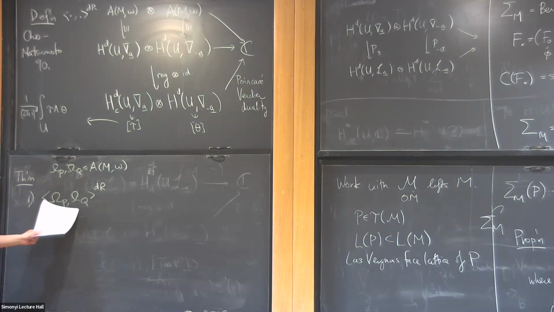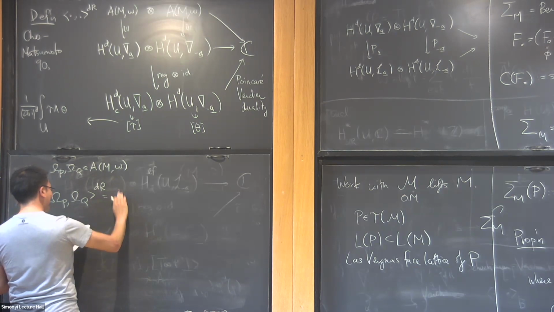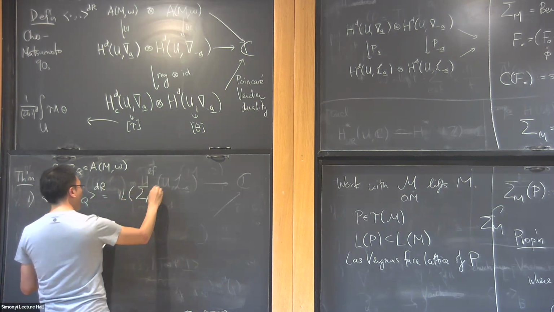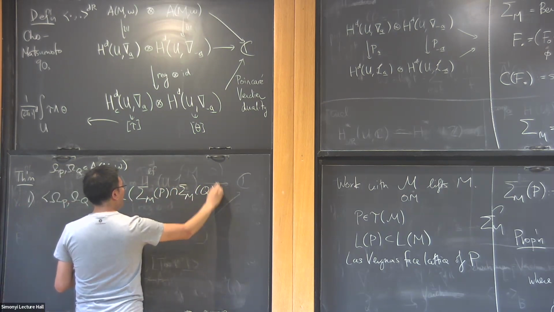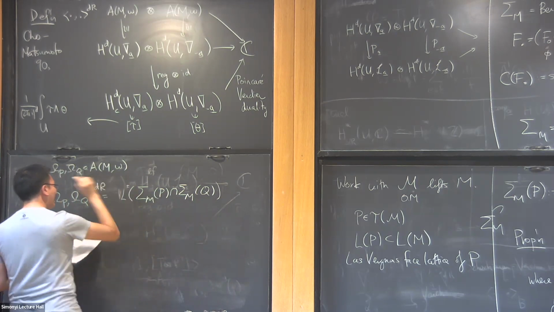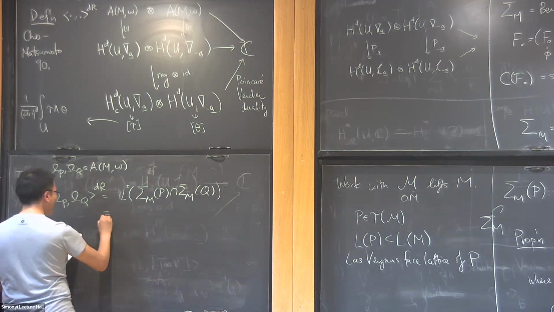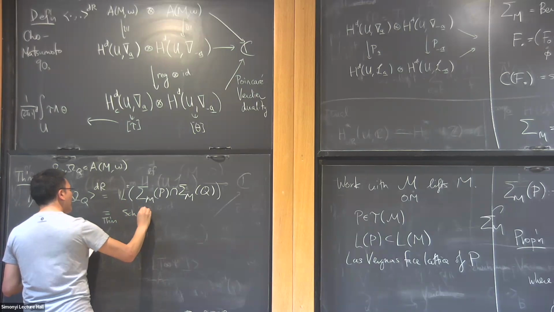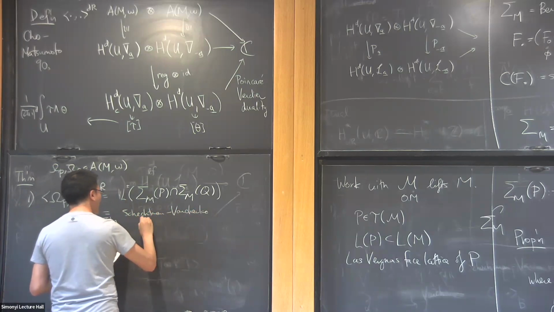With respect to this basis, the pairing is given by this Laplace transform, but there are some signs here. And another theorem says that this is something called the Schechtman-Varchenko contravariant form.